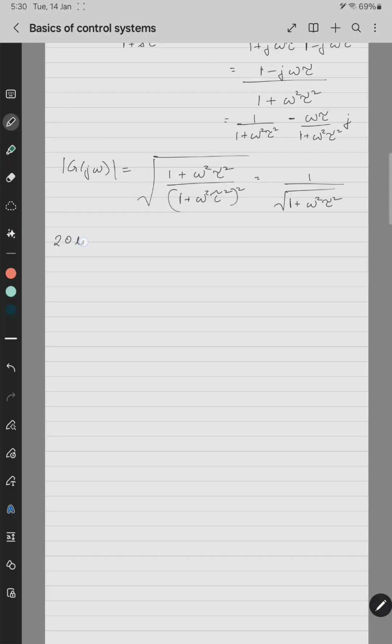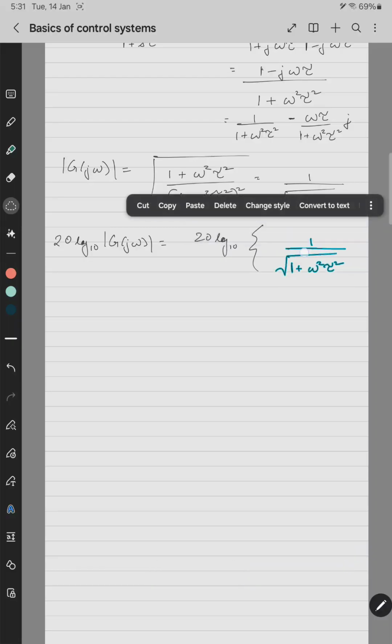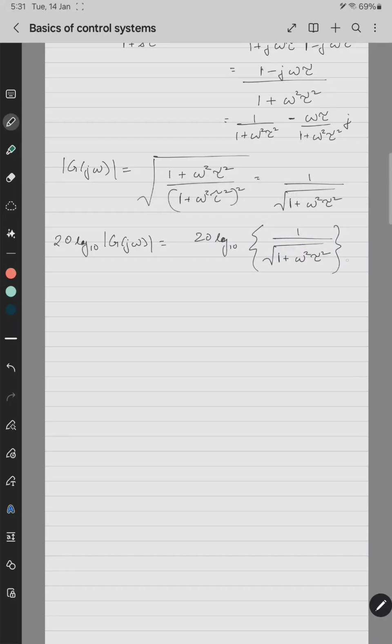So 20 log base 10 of mod of G of j omega becomes 20 log base 10 of this. So the denominator has the power of 1 plus omega square tau square to the power of minus half.